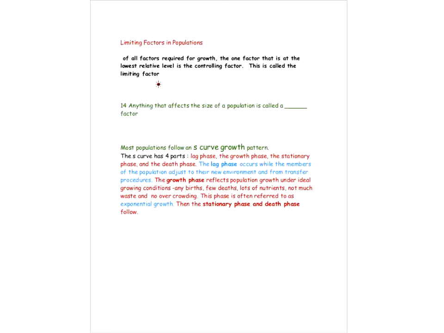It's kind of like in chemistry, where they have something called the rate determining step. That's the slowest step in a series of chemical reactions, and whatever the slowest step is determines how fast the reaction is going to go. That's kind of analogous to what a limiting factor is, I guess you could say. So anything that affects the size of a population is called a what factor?